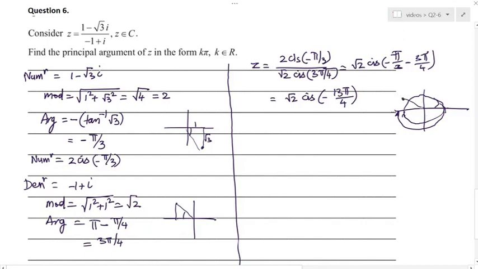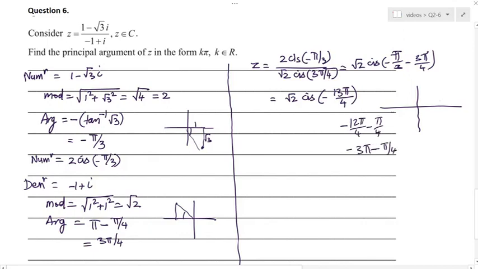Let me explain it in more detail. If you write minus 13 pi over 4, you can write that as minus 12 pi over 4 minus pi over 4, which becomes minus 3 pi minus pi over 4.